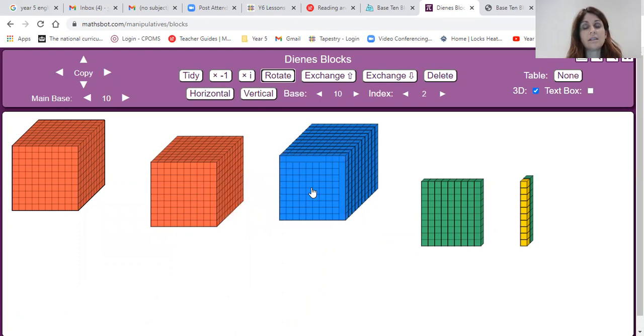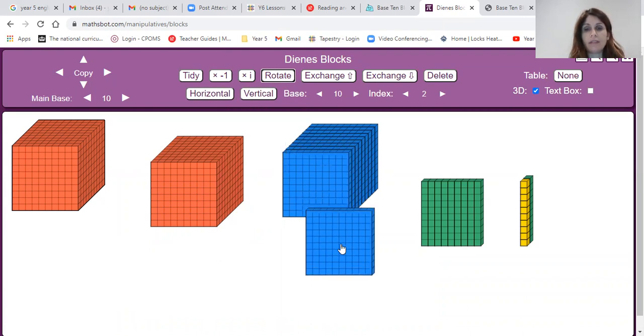And then it doesn't go 0.10, does it? Because that's actually 0.1. It then moves into the column next to it. So that makes it one whole. Okay, so 0.1, 0.2, 0.3, 0.4, 0.5, 0.6, 0.7, 0.8, 0.9, one whole.